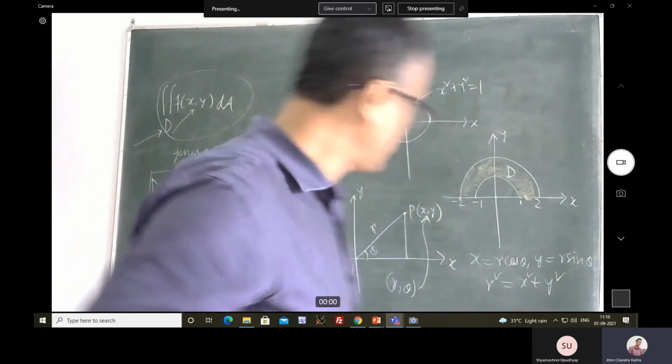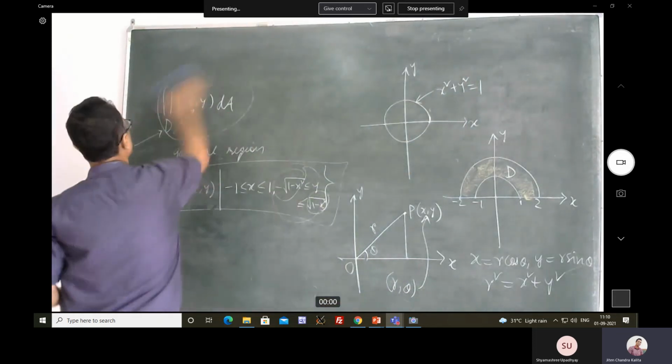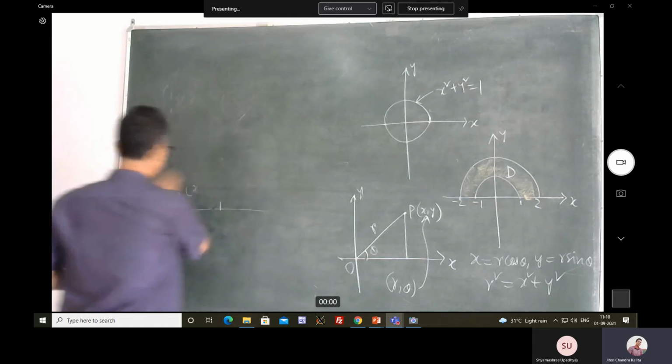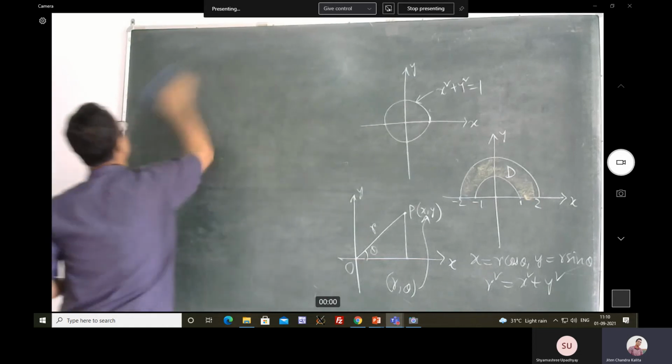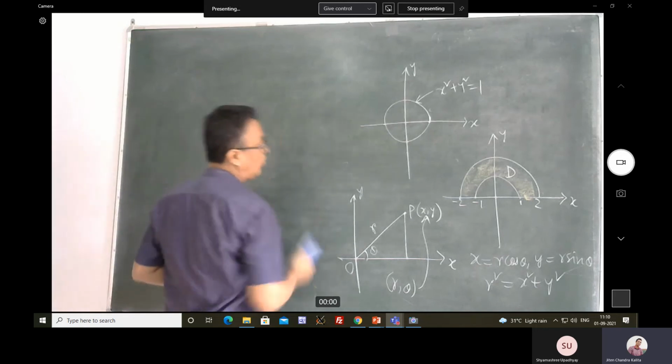Now what we are going to do, we will try to find out double integral over polar region.